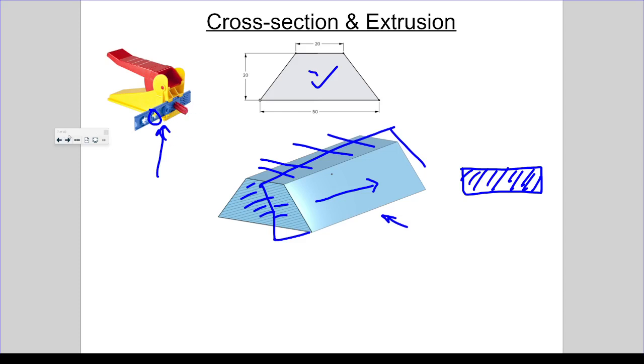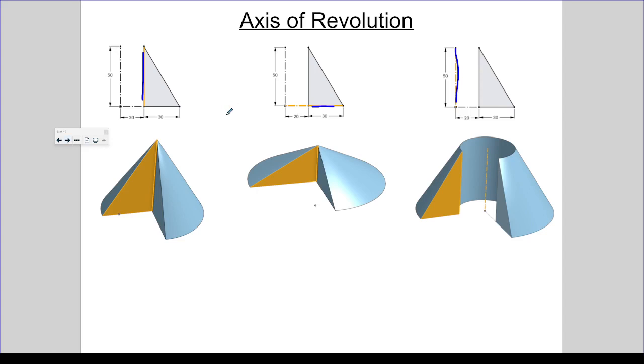Another thing we can do with sketches, besides just extruding them out in a straight direction, is called revolving them. So here I've drawn a triangle and revolved the triangle around this long axis to create a tall cone. So basically think of this triangle as spinning around this axis, and anywhere I cut through, I'm getting that same triangle right here.